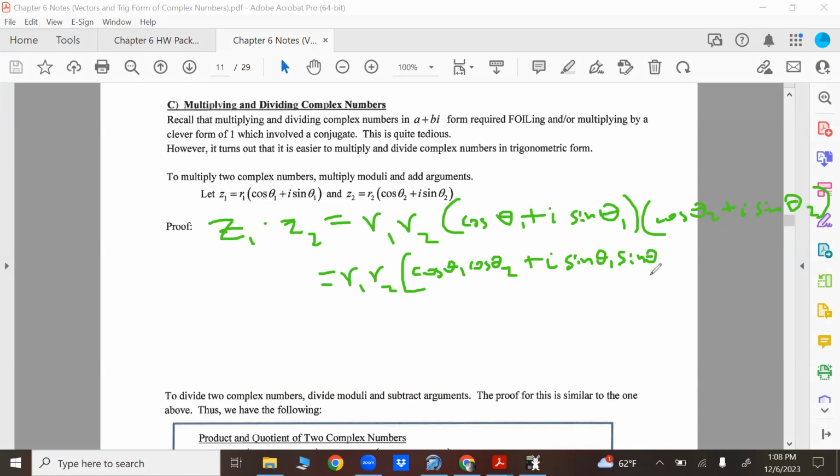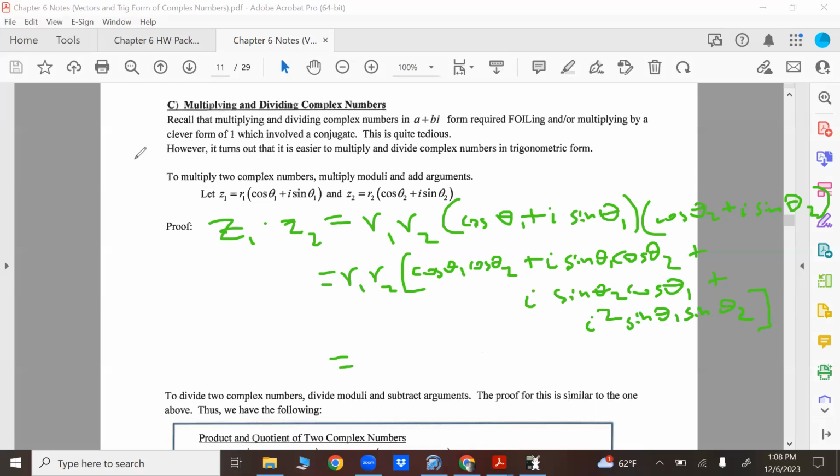I meant to do the outside term first. My apologies, my bad. And then i sine theta 2 with cosine theta 1. And then i squared sine theta 1 with sine theta 2. Okay, that's supposed to be all one line.